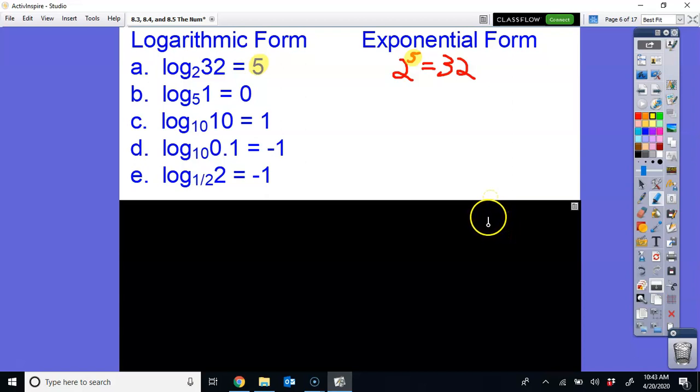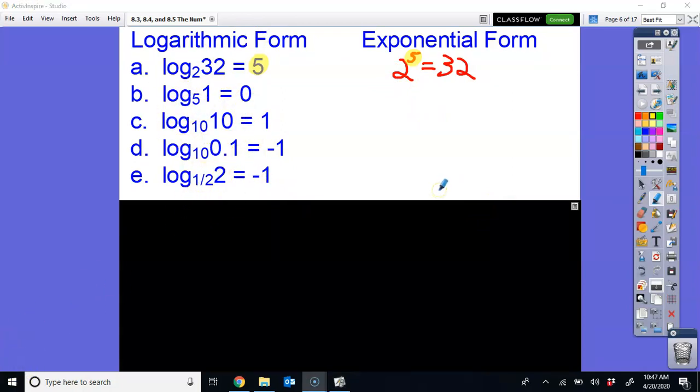So what a logarithm is mainly used for is for those situations where we want to be able to find a missing exponent, like our bank account example that we did earlier. Logarithms, by the way, are also used in things like the Richter scale to figure out the magnitude of an earthquake. So, take a second and see if you can do the other 4 here.